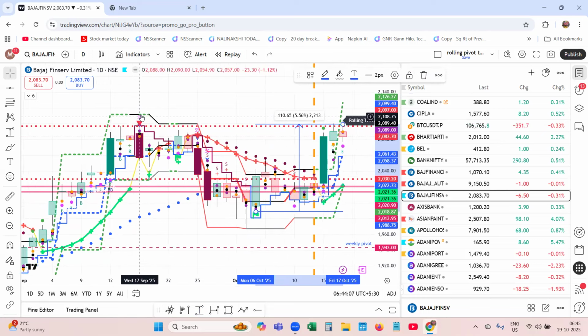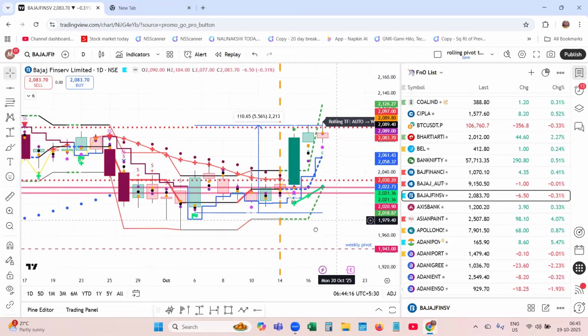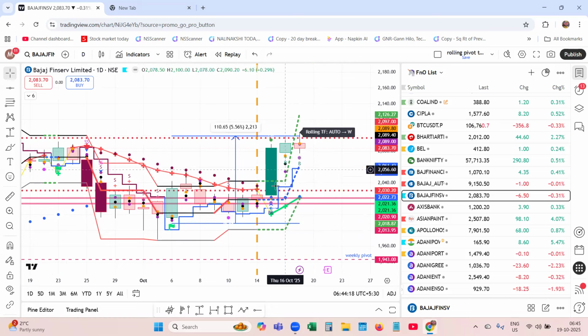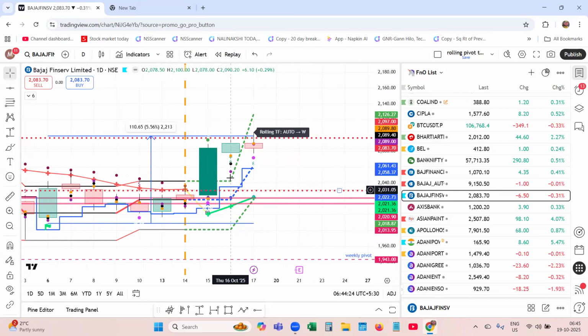See, now it is at the stage of breakout of the consolidation. Now it is showing a big bus strategy, and it is going sideways. All the pivots are green, the CPR Gann Hilo is rising, and the CPR is also rising. It is plotting a narrow CPR.